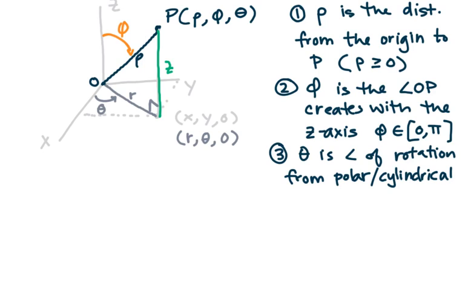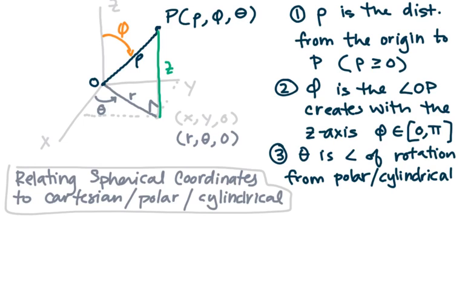So thinking about this image we have here and what we already know about polar coordinates and our conversions into r and theta, let's develop our Cartesian to spherical and cylindrical coordinate systems. So let's think about what we know as we relate these spherical coordinates to Cartesian, polar, and cylindrical.